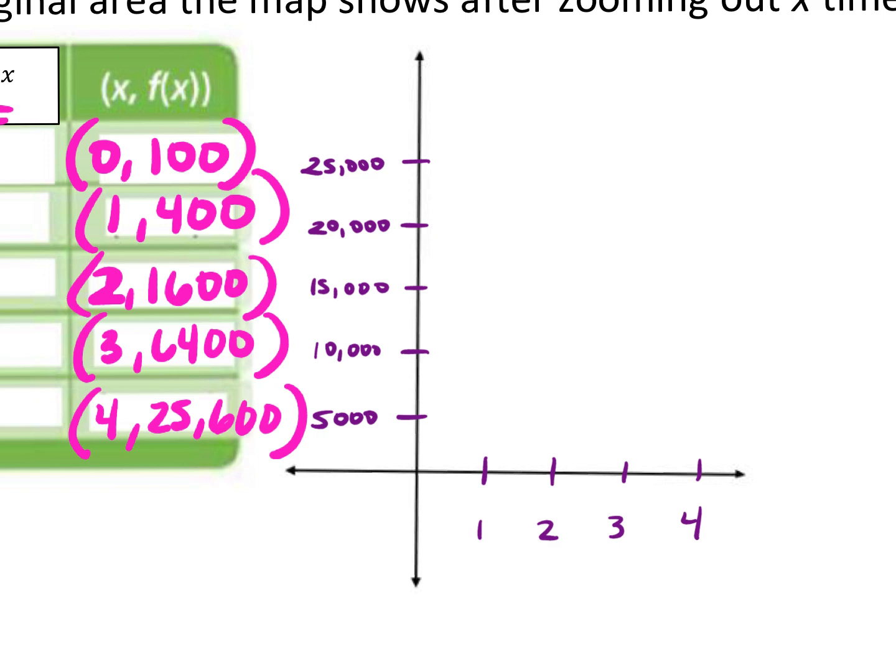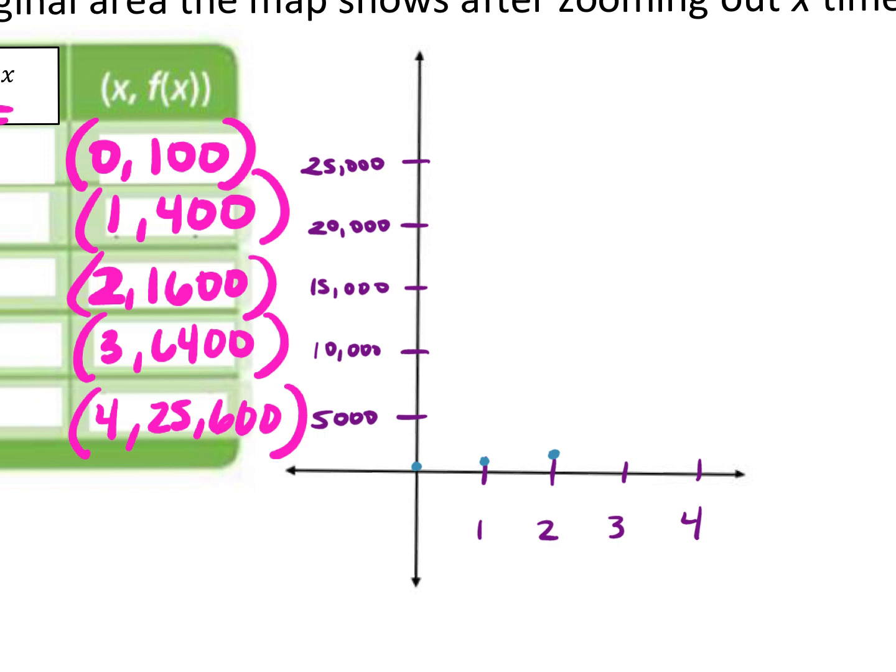0, 100 is hardly above the line. That would be here. Okay, 1, 400, again, hardly above the line. To get up to 5,000 for that first hash mark, you barely moved up. 2, 1,600, still not even halfway up to the 5,000. 3, 6,400.